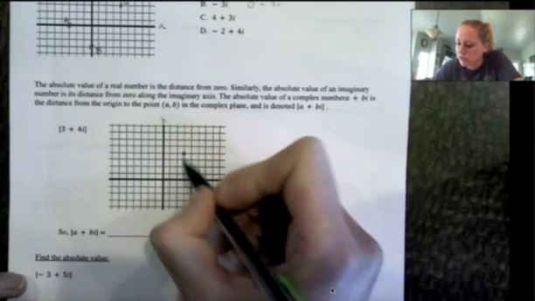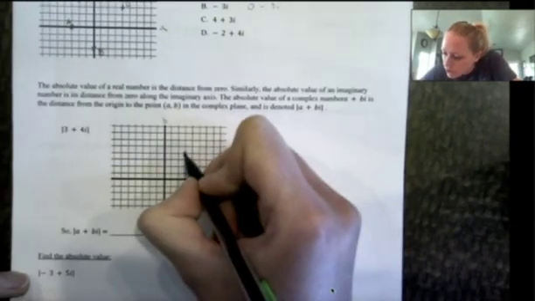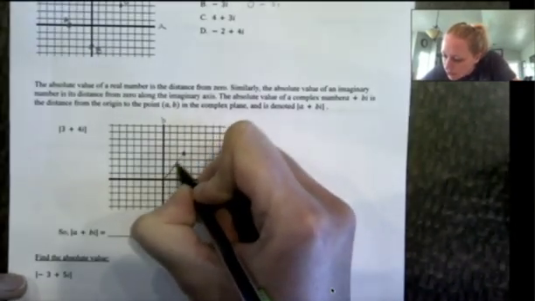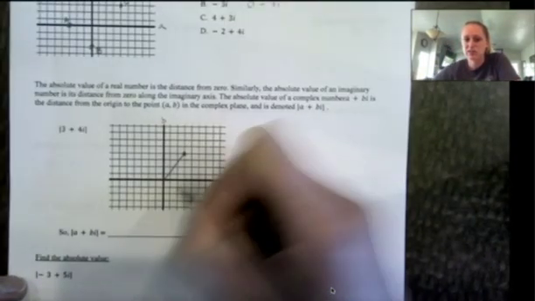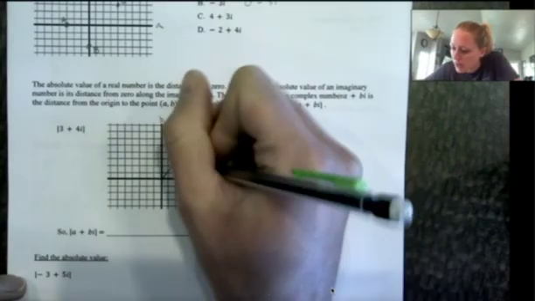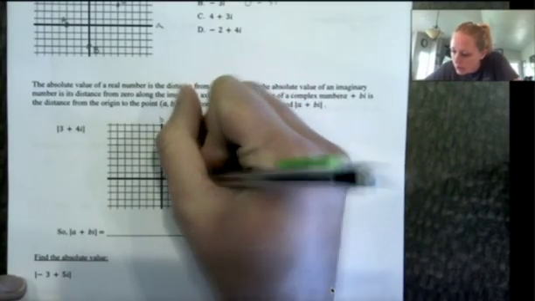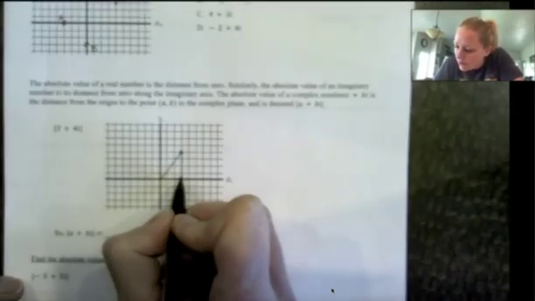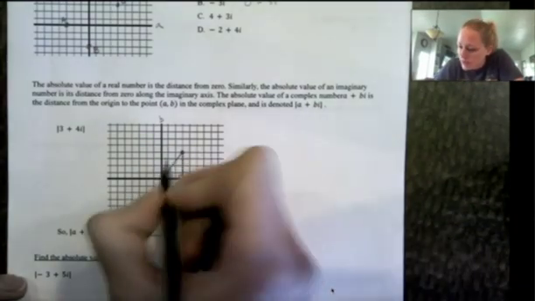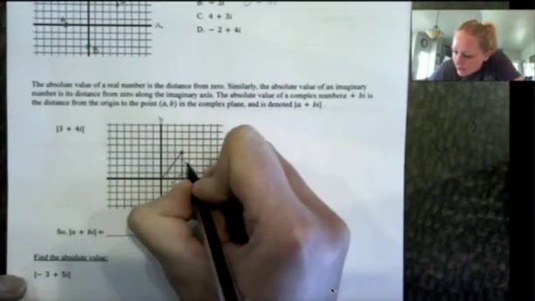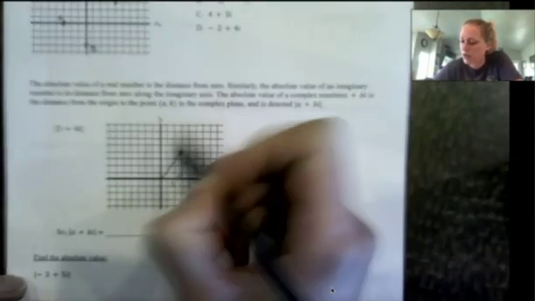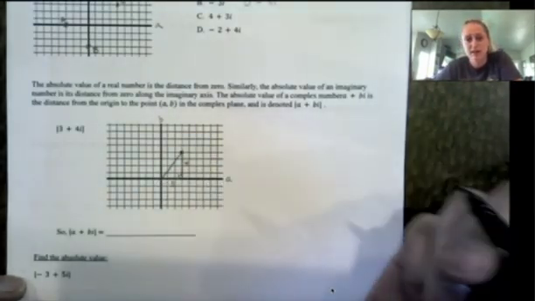So the distance from that point to 0, the shortest distance is that straight line distance, right? Well, I can't really count how far that is because it's going partially through those squares, but I could draw in a right triangle, and I know that this leg has a length of 3, and this length has a length of 4, and I can use that to find the hypotenuse.